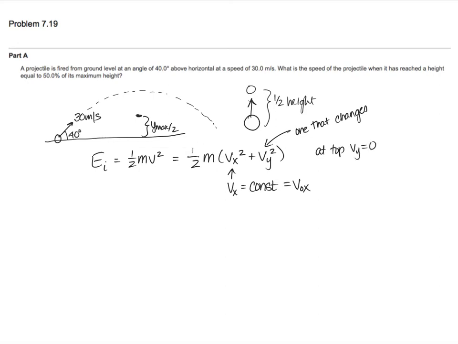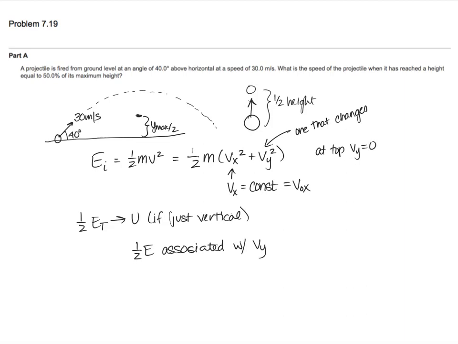So what we're going to say is, instead of half of the total energy going into potential, if it was just vertical, we only are going to have half of the energy associated with the vy.